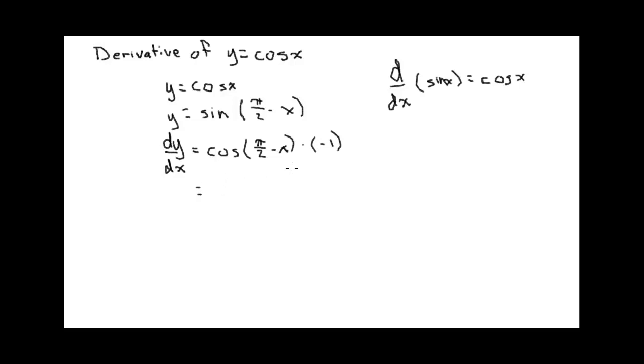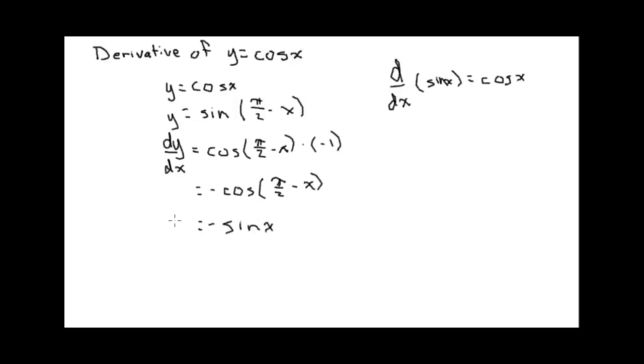So now we can simplify this. Negative 1 times this is negative cos of pi by 2 minus x. And cos of pi by 2 minus x we can simplify, again using almost the same trig identity. Cos of pi by 2 minus x, you remember, is equal to sine x.